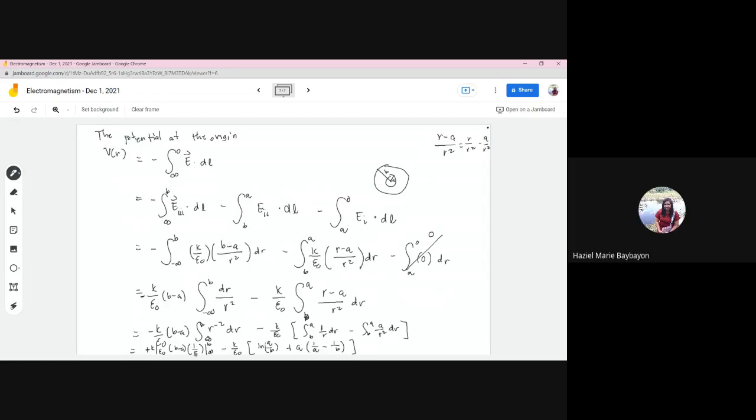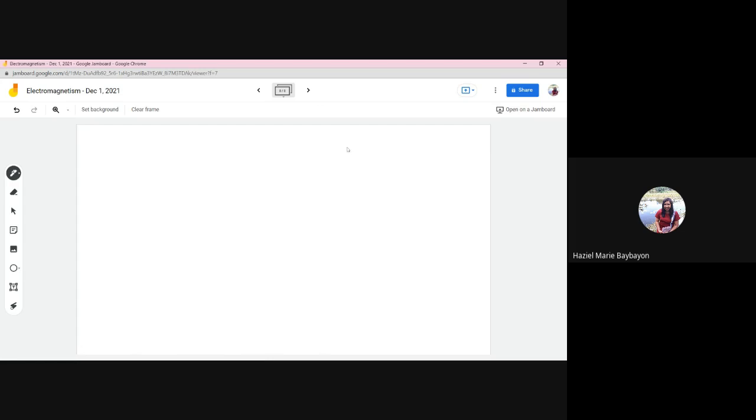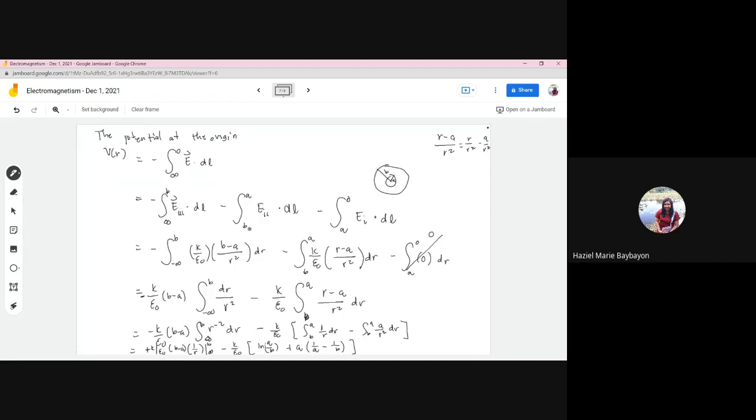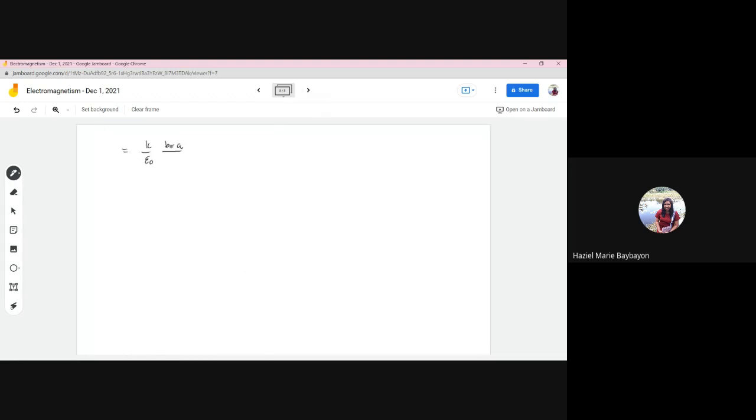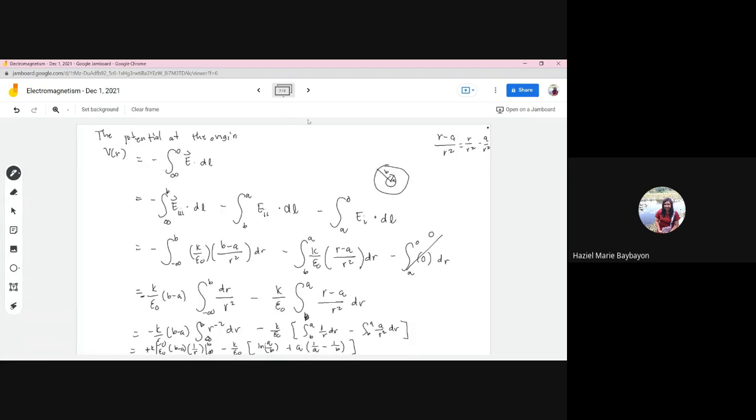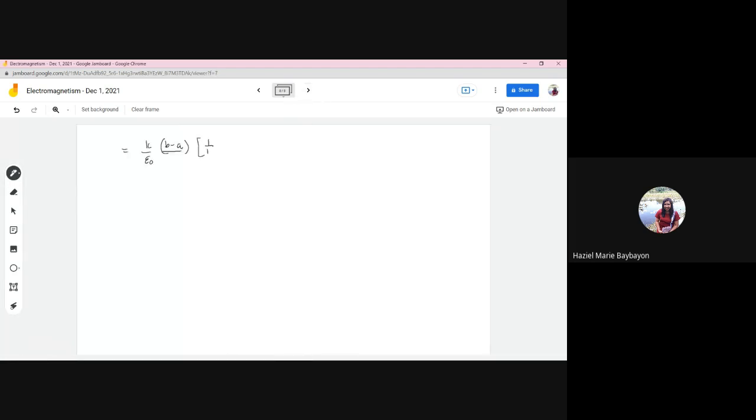Therefore, do you still remember k over epsilon naught, b minus a? So, this is equal to k over epsilon naught, b minus a, times 1 over b minus 1 over infinity.